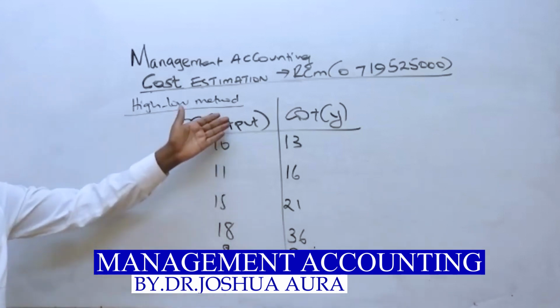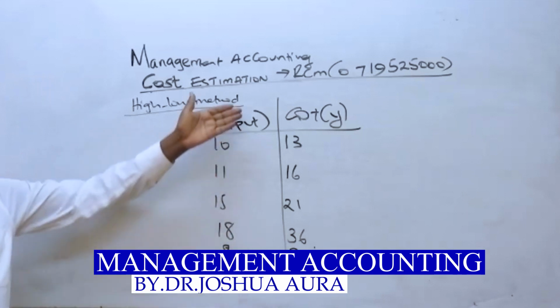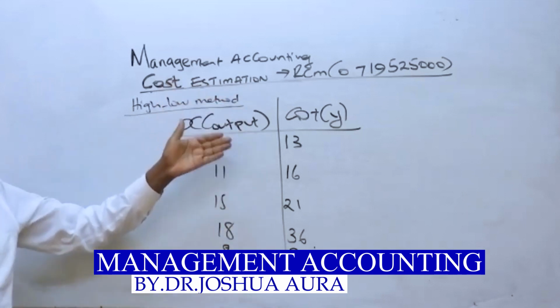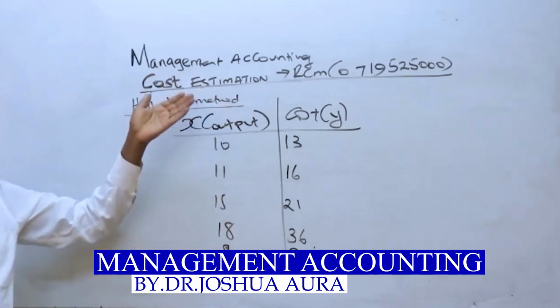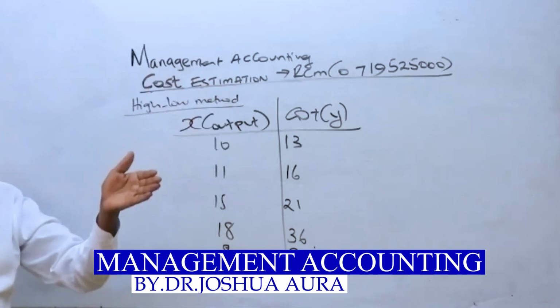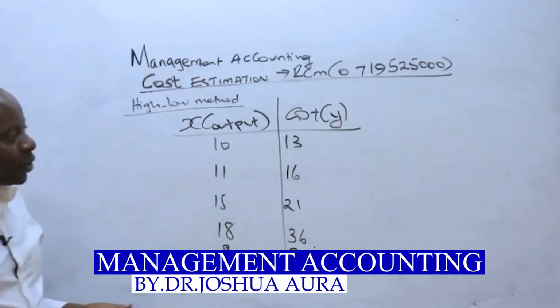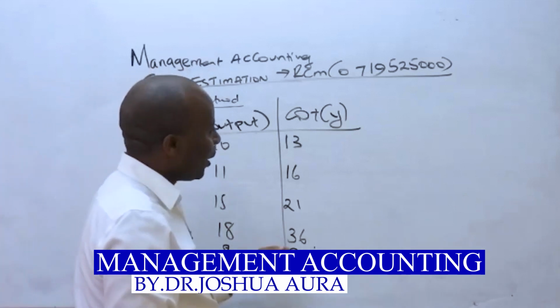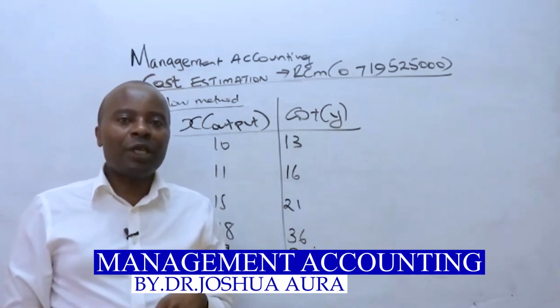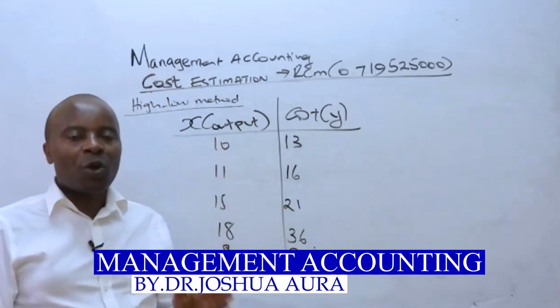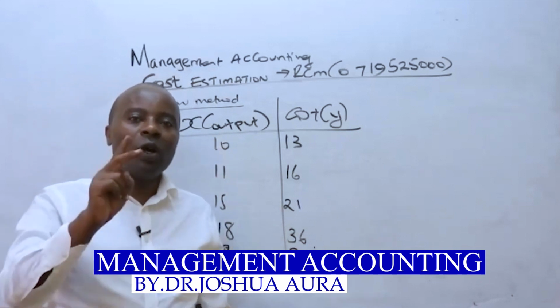If you're given this kind of information, and your examiner wants you to come up with a high-low equation for cost estimation, how will you be able to do that? Ladies and gentlemen, I will recognize the fact that we are not going to make use of all the points. We are only going to make use of 2 points.